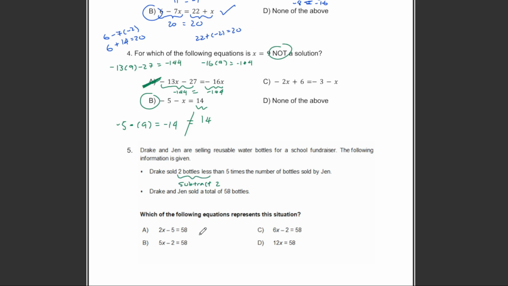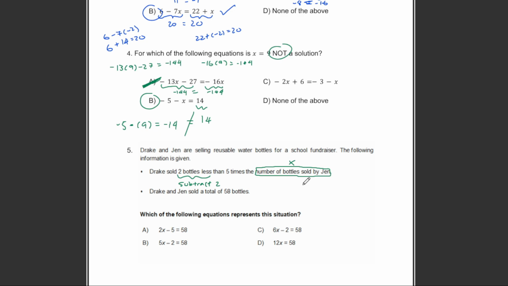Subtract 2, okay? Now we know it's 2 less than 5 times the number of bottles sold by Jen. So basically, we want 5 times the number of bottles sold by Jen, and then we're going to subtract 2 from that. But do I know how many bottles Jen sold? And the answer is no. They didn't tell us that. So I'm going to go over here, the number of bottles sold by Jen. I'm going to say, yeah, that's my x.